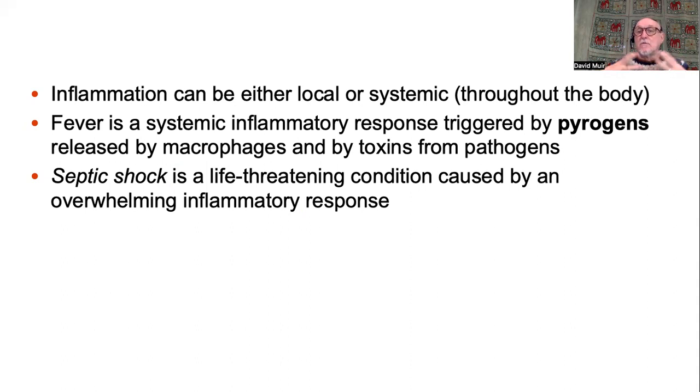And you can imagine all of these, which were localized responses and were quite healthy and not dangerous at all, now, if they become global, they can actually become life-threatening. And this is a situation called septic shock. It can occur for various reasons, but very frequently it is due to circulation of a pathogen or of an antigen, which causes a global response of the innate immune system, which can be fatal.